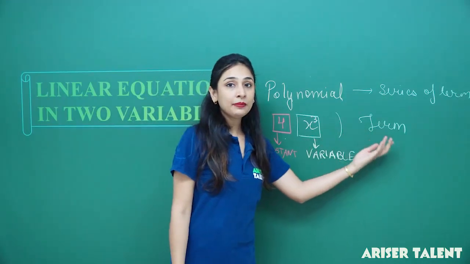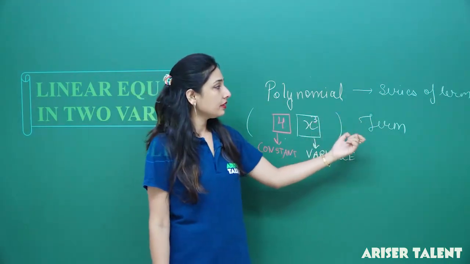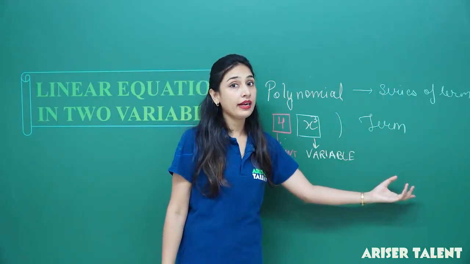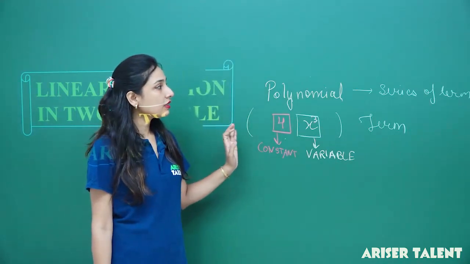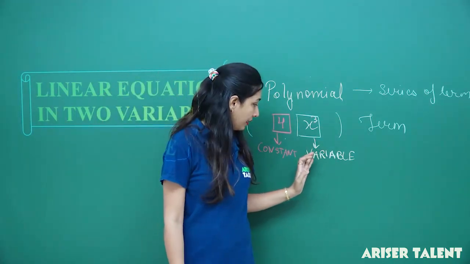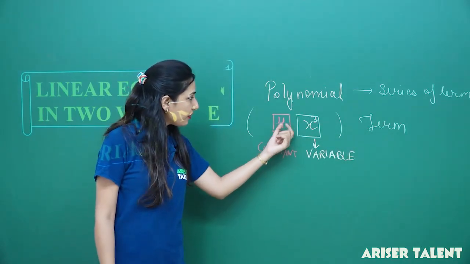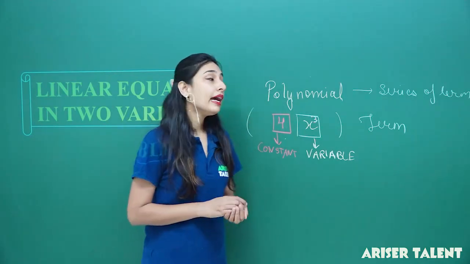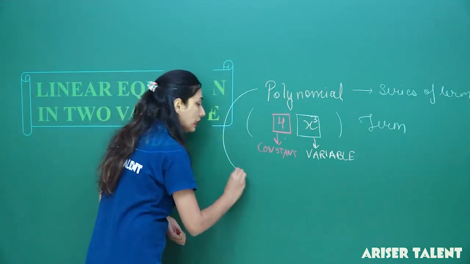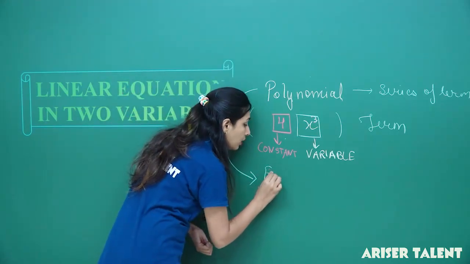Terms can be added and subtracted, and in such a format a series can be formed or obtained. That is what we call a polynomial, right? And in a polynomial we have some terms, which we bifurcate into constant and variable. Now, what is next? Then the picture comes here, it transforms into an equation.